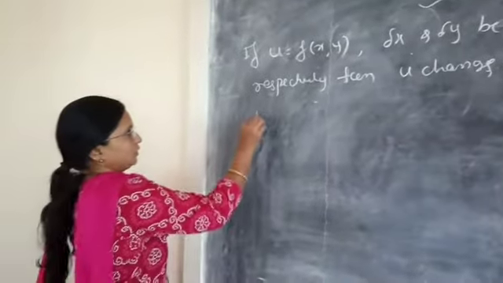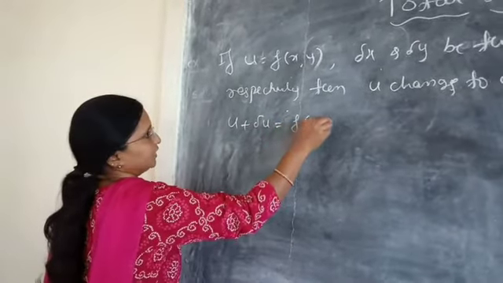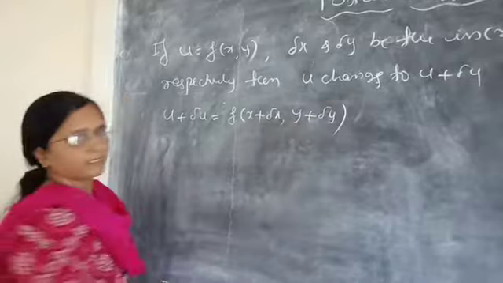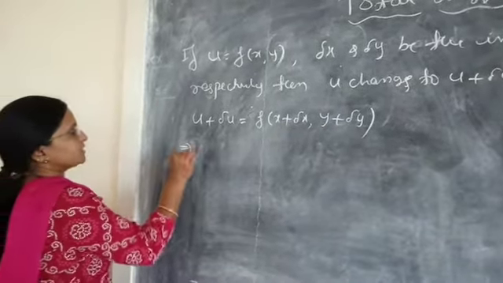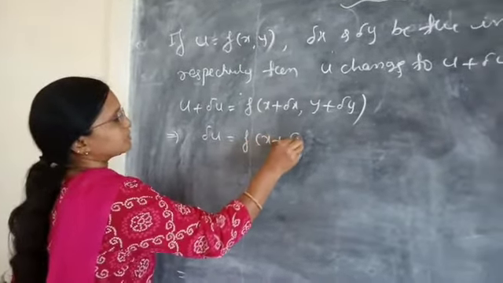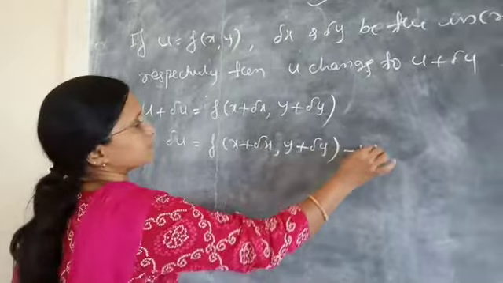That is, u plus delta u is equal to f of x plus delta x comma y plus delta y. Then this implies delta u is equal to f of x plus delta x comma y plus delta y minus u.